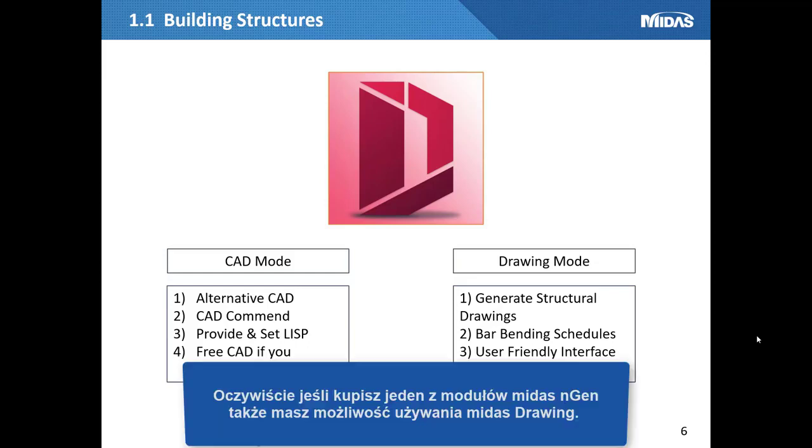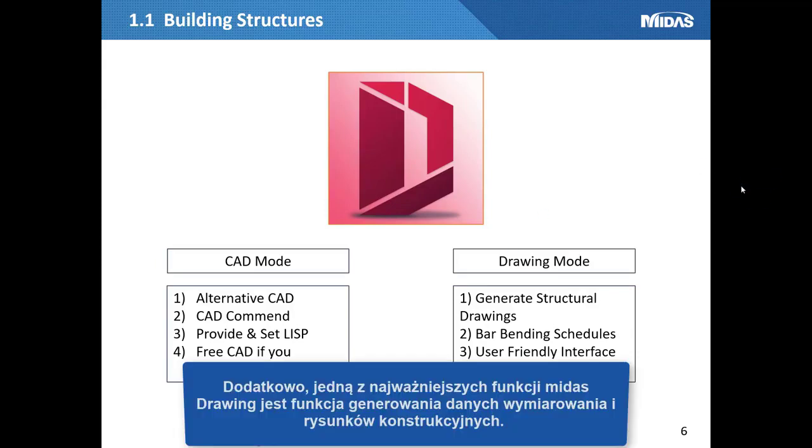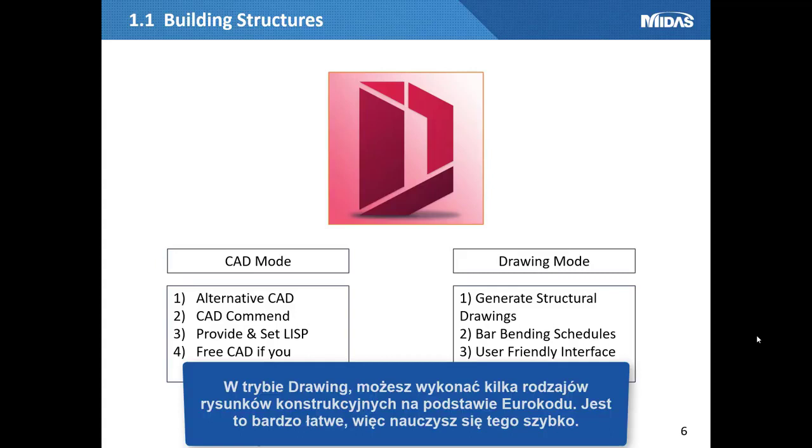Of course, if you buy one of the modules of Midas nGen, you can use Midas drawing. Also, one of the biggest features of Midas drawing is that it has a function to generate design information as structure drawings. In the drawing mode, you can create several Eurocode-based structure drawings. It is also very easy to use, so you can learn quickly.